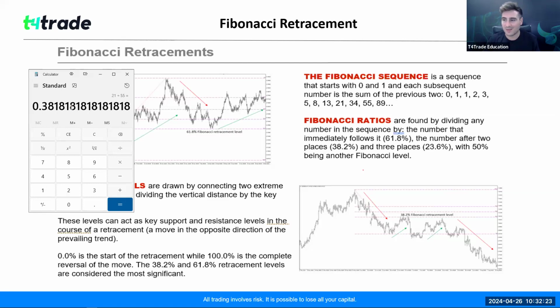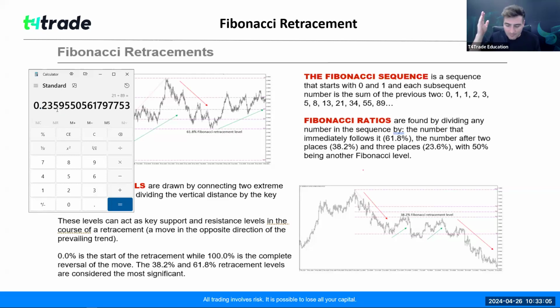You can do that with any given number as you progress through the sequence. Once you go from 89 onwards, and you add more complex numbers, the ratio 0.618 becomes much clearer. It's not going to be 0.617. That's not the point. If you want, for example, to get 23.6, you do 21 divided by 89, and you get 23.6.